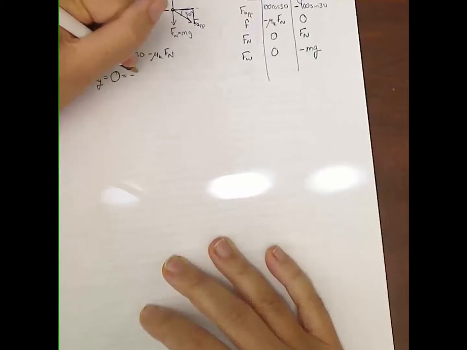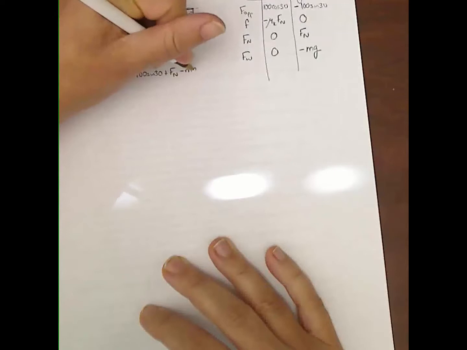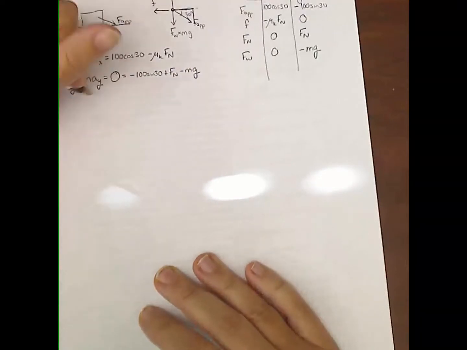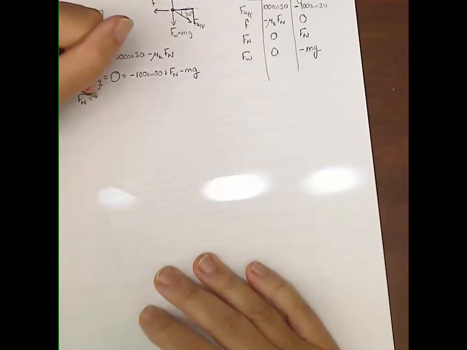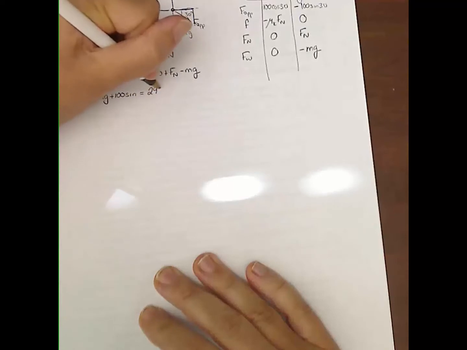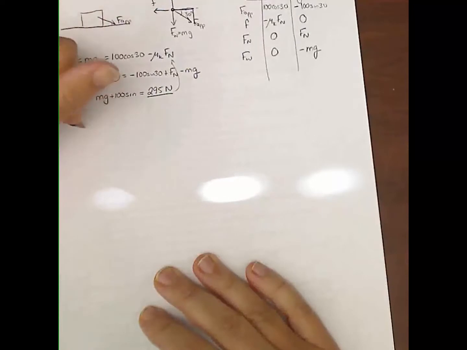Now I've got minus 100 sine 30 plus the normal force minus mg. So I've got my normal force is equal to mg plus 100 sine of 30. So now that's 295 newtons. Put that normal force back up into here. So again, we're just following the same steps over and over again.